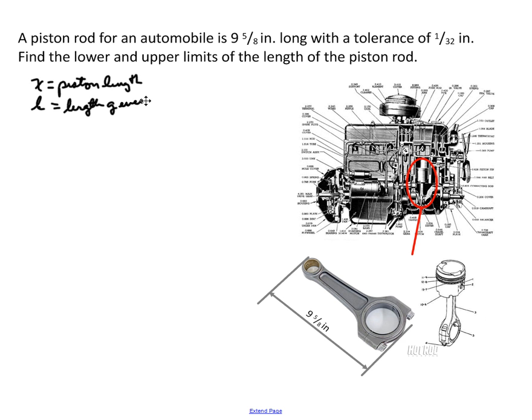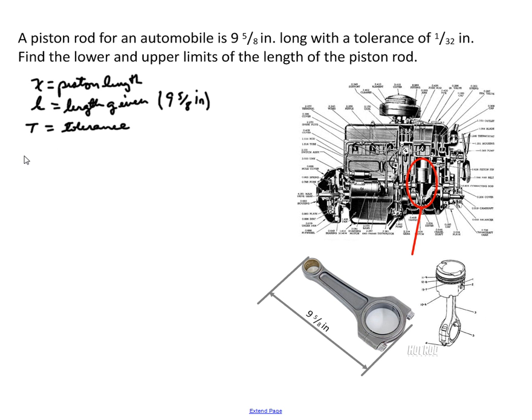But if I'm a machine shop, and these things are being made by hand or machine, that could change. It doesn't have to be an exact value. That's why they give us a tolerance. So we're going to let that be our 9 5/8 inches. And our tolerance, I'll call that T. So our tolerance is that 1/32 inch. How do we use that? What is the actual value right here?